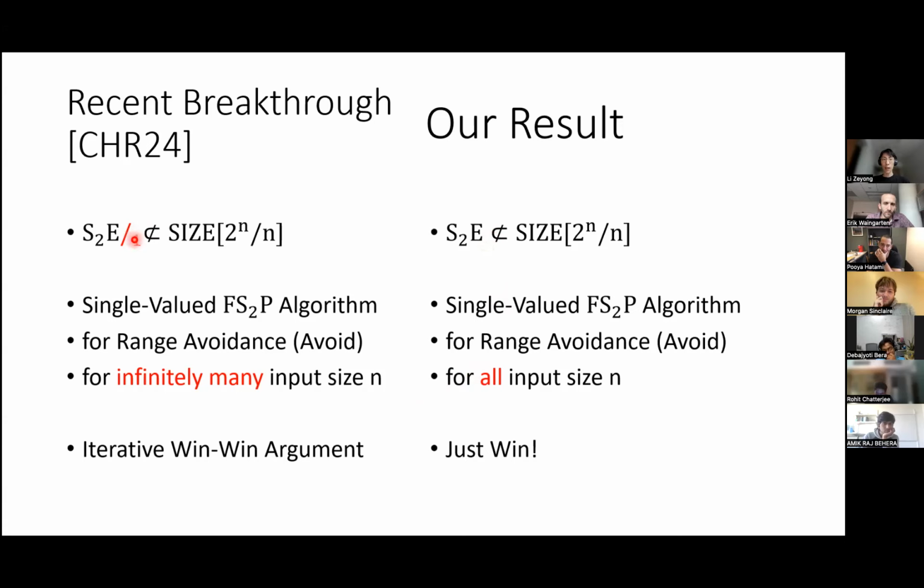Because this 1 bit of advice is used to indicate which input size is the good input size. Because the algorithm only works for some input size and not all input size. And because now our algorithm works for all input size n, we no longer need the extra 1 bit of advice.